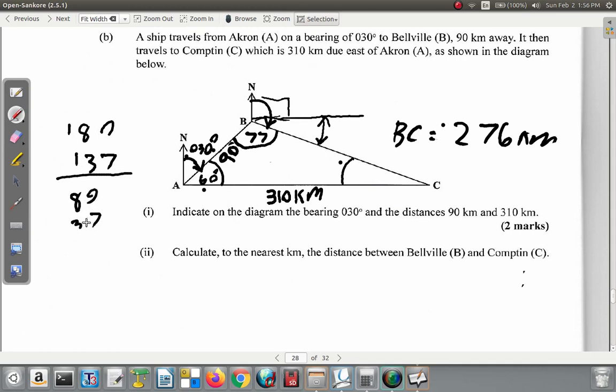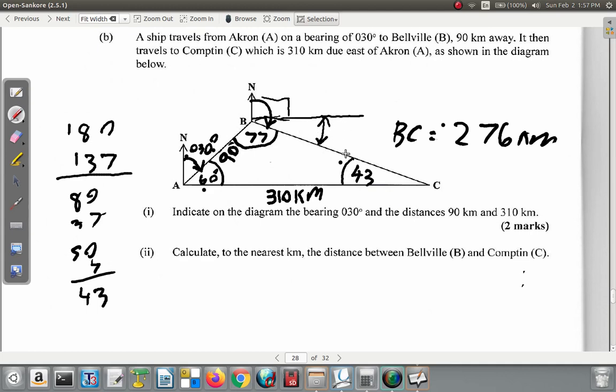If I drop 30 from 180, I get 150, and drop 30 from 137, I get 107. 150 minus 107 is going to be 43. So this is 43 degrees. That's 43, because when you add them up again, 77 plus 43, 70 plus 40 is 110, 7 plus 3 is 10, that's 120. 120 plus 60, 180. So they add up.